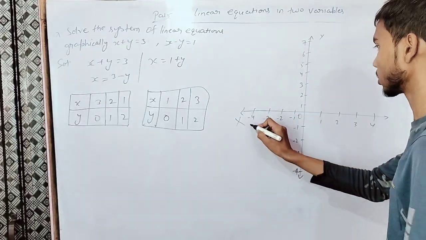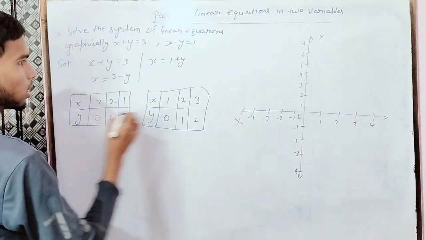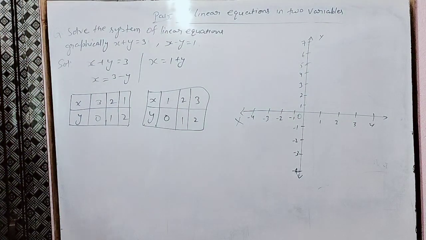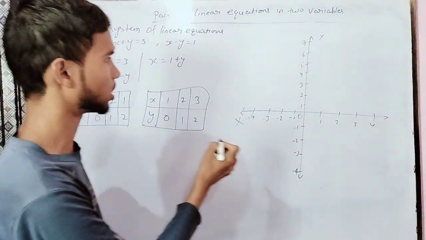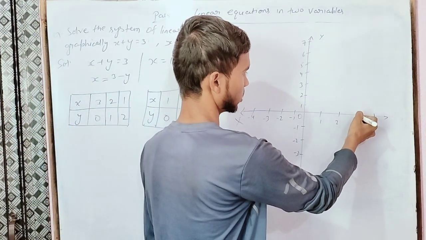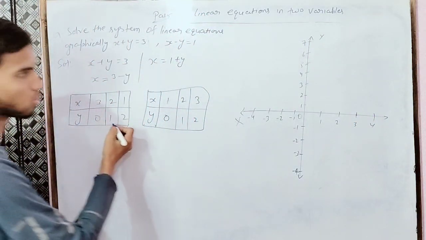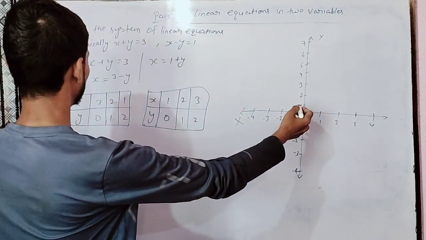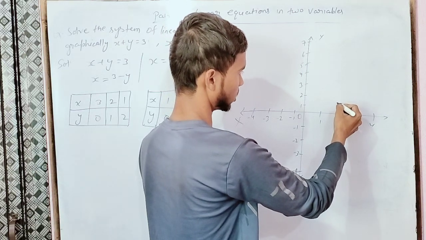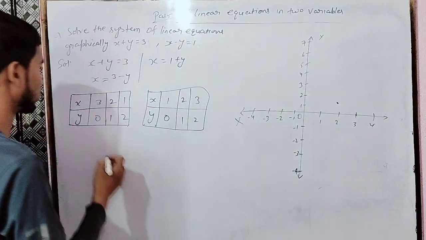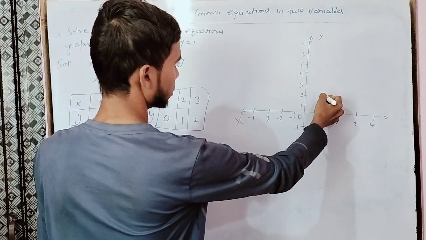This is y, this is x. Okay. Now we will plot all coordinates on this graph. So here y is 0 and x is 3. So one point is here. Then y is 1 and x is 2. So the second point is here. Third, x is 1 and y is 2. So the third point is here.